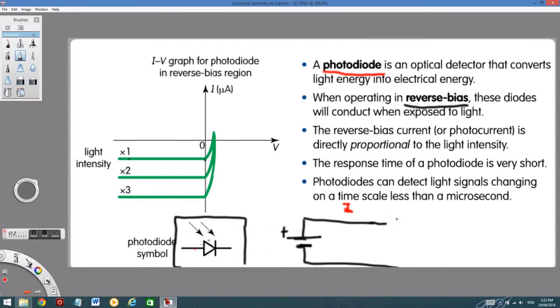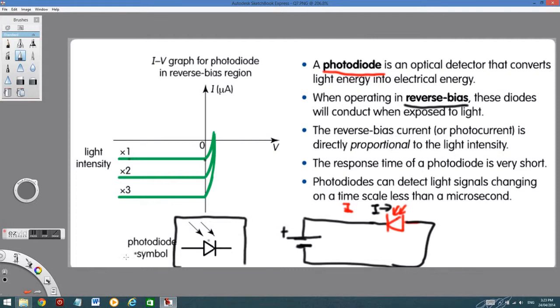In other words, we have to reverse it in order for it to work. We have to put the photodiode in this direction, so the current is able to travel through the diode. If you put it in the normal direction, the circuit doesn't work. The current will be blocked by the photodiode. So just remember, when we use a photodiode, the diode must be in reverse biased direction.